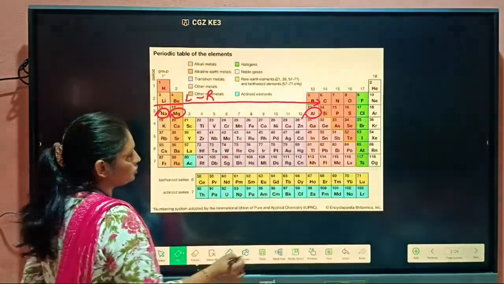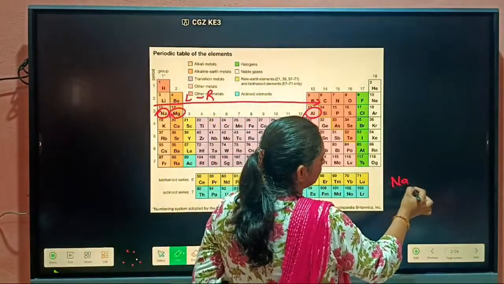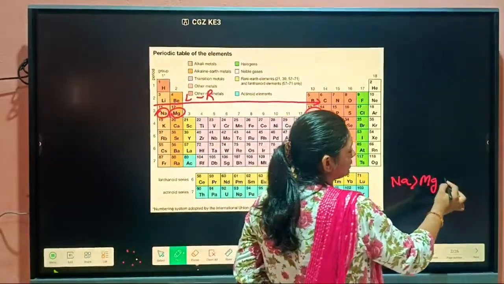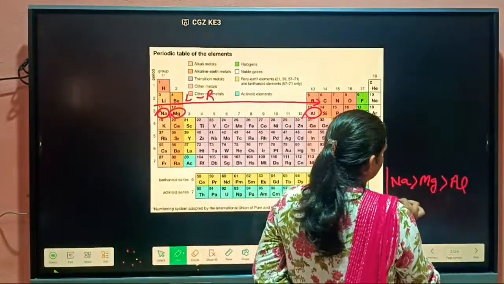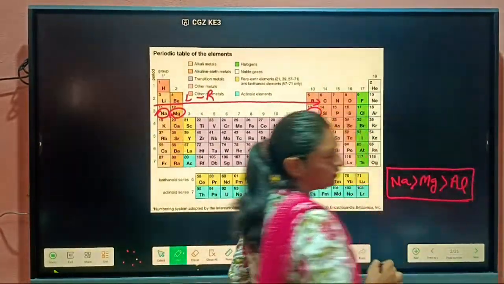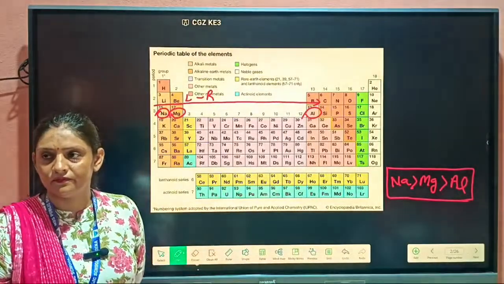So the atomic size of sodium is greatest here, then magnesium, and then aluminium. In this way, you can give the answers.